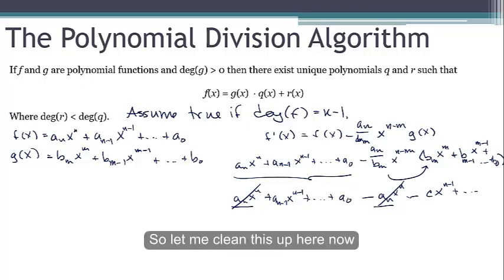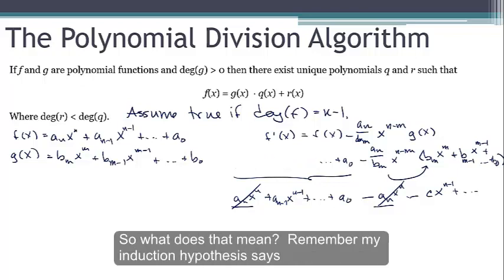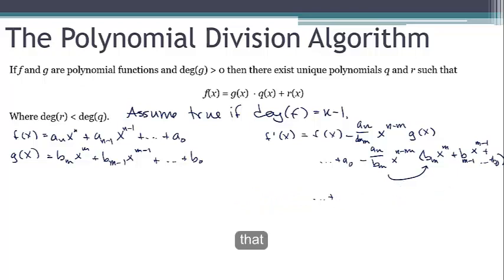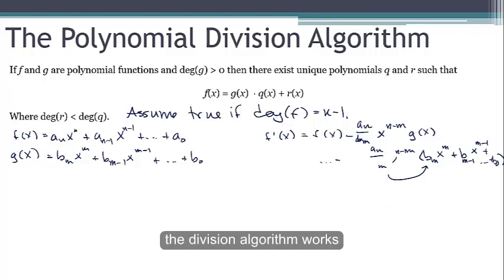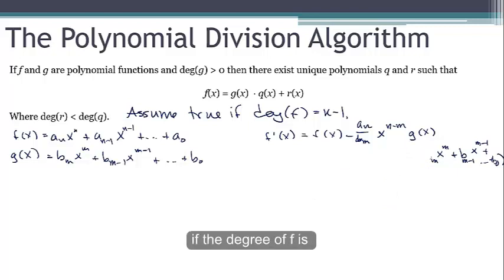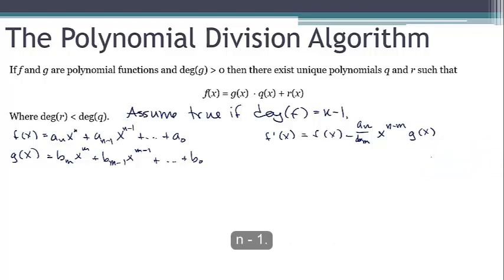All right, so let me clean this up here now that we've seen this piece. Right, so what does that mean? Well, remember, my induction hypothesis says that the division algorithm works on a polynomial if the degree of f is n minus 1.